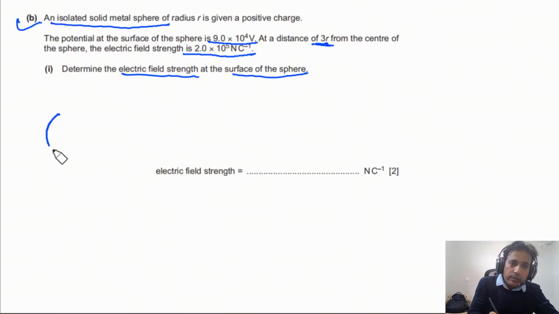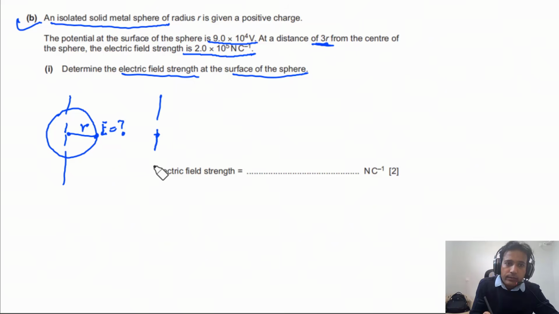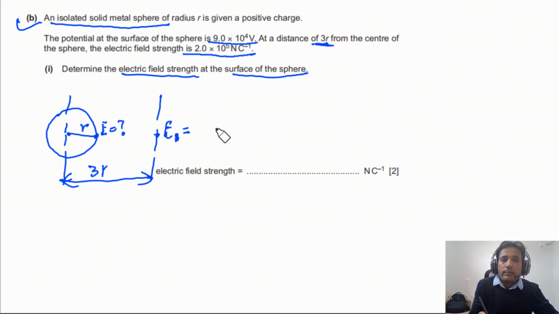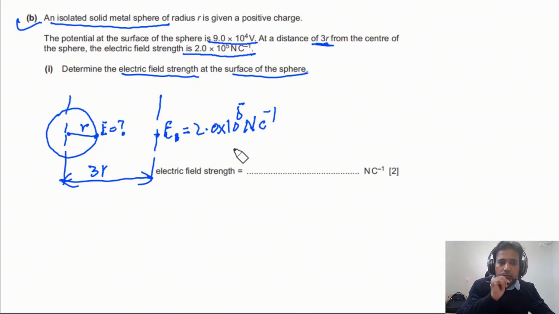So first of all, we can imagine this is a sphere and the radius is given, that is r, and at this surface we need to find the value of E. And at a distance 3r from the center, the value of E is given, we can say this is E1 and this value is 2.0 times 10 to 5 newtons per coulomb.